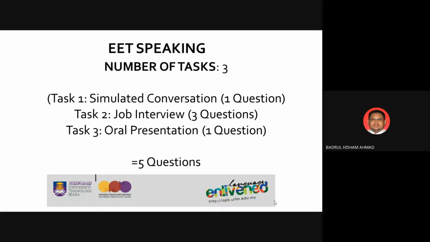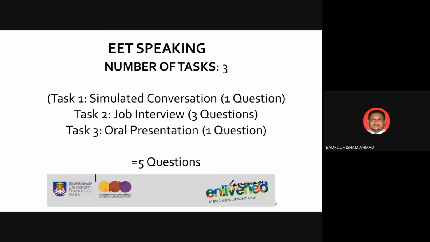Things like what will be the most important subject that you have learned that is beneficial to the job that you are applying for, or what will be the most important characteristics that you have that would be suitable for your future job and whatnot. So task number two will be a set of three questions related to job interview.